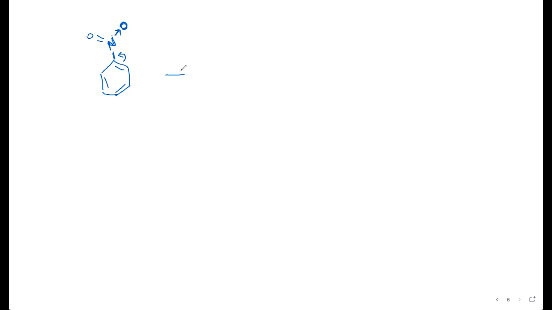What is the result here? Is there going to be a negative charge in the ring or a positive charge in the ring? If it takes away the pair of electrons towards itself, positive charge. So this particular carbon has become deficient of electrons. Based on these resonating structures, because this is positively charged, it's going to pull the electrons towards itself.